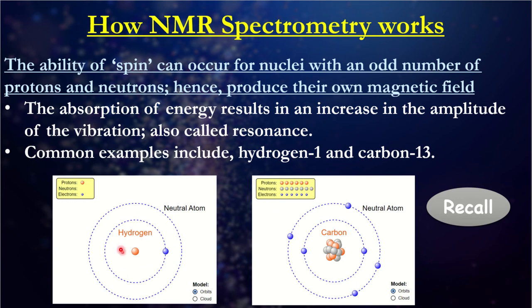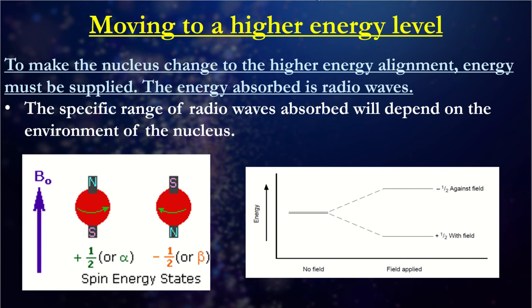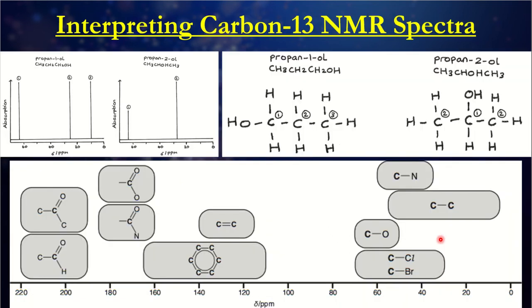We said hydrogen 1, which is basically a proton, and then carbon-13. Those are odd number nuclei that we can use for this type of spectra. As I said before, if we rotate it to make it oppose the magnetic field, then we'll be at a higher energy state, and if we just align with the magnetic field, then we are at a low energy state.